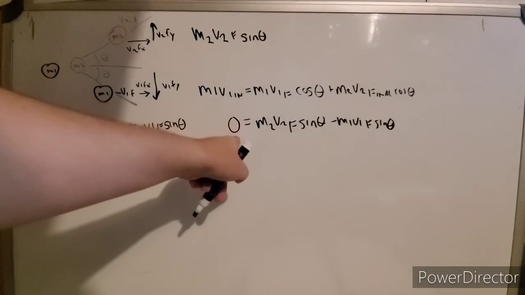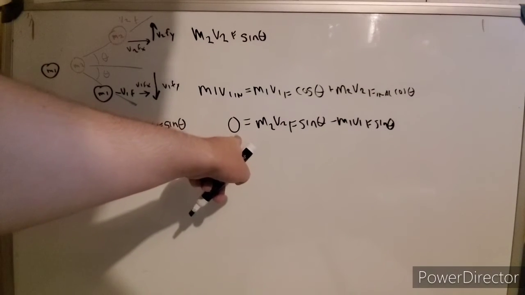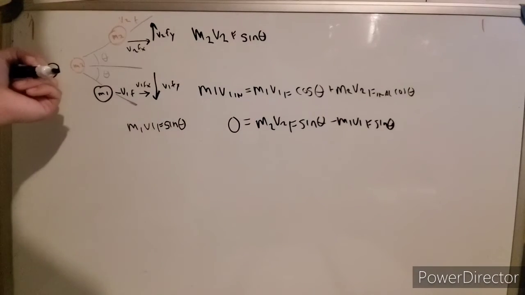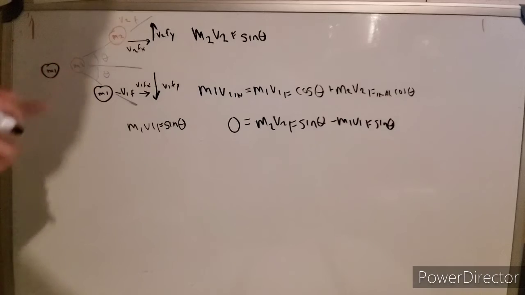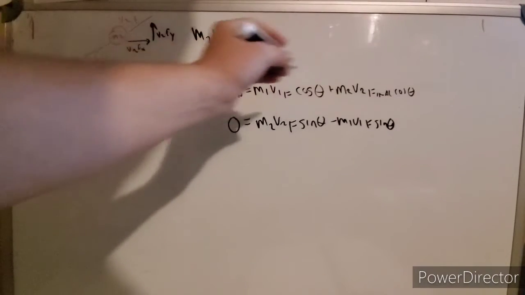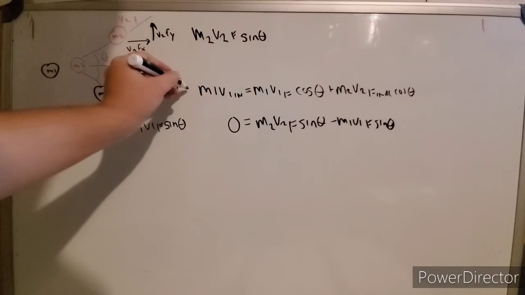You might notice that I put the zero value here. The reason it's zero is because this is before there's any movement, before the mass 1 ball hits the mass 2 ball. This would be our second equation, and this is our first one.